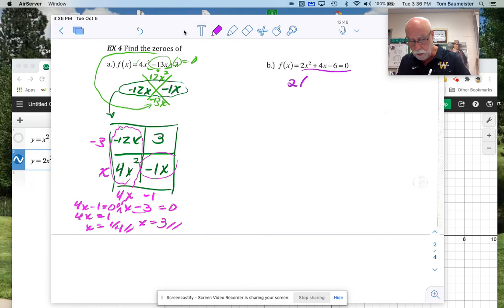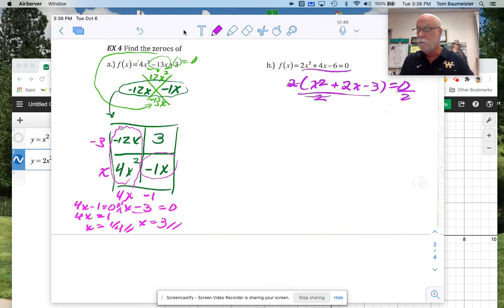If I factor out a 2, then I'm going to have x squared plus 2x minus 3 is equal to 0. If I divide both sides by 2, that's going to go away. And what is 0 divided by 2? That is 0. So then I will have x squared plus 2x minus 3 is equal to 0.